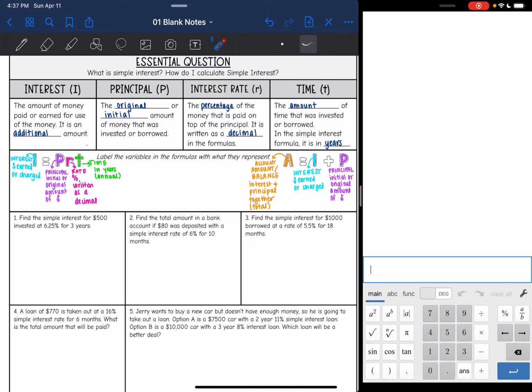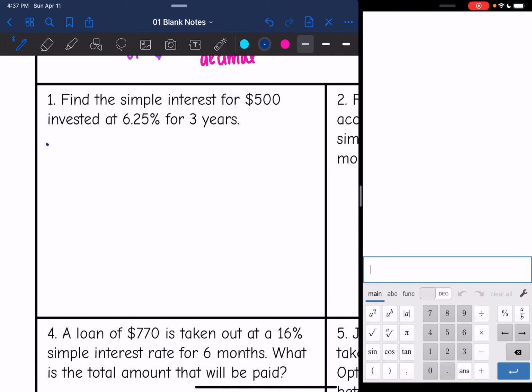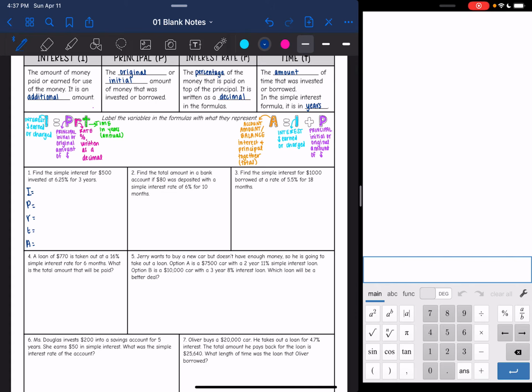One thing I like to do is write out the variables. I equals P R T, and then A. Sometimes we will use A, sometimes we won't. All I did right now was write out the variables, and then that will help me figure out what I'm missing.